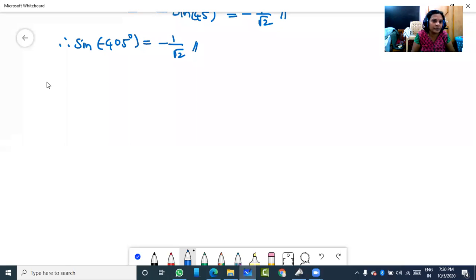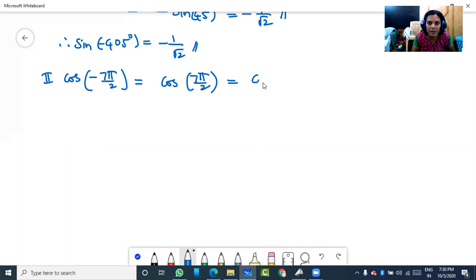Second one, cos of minus 7 pi by 2. We know that cos of minus theta is cos theta only. That is cos 7 pi by 2. It is equal to cos of 7 pi, which can be written as 6 pi plus pi by 2.